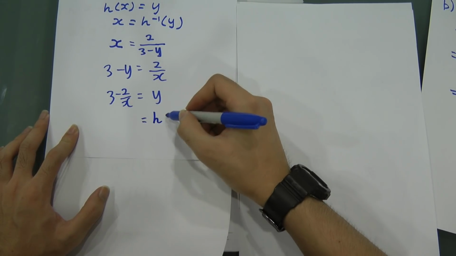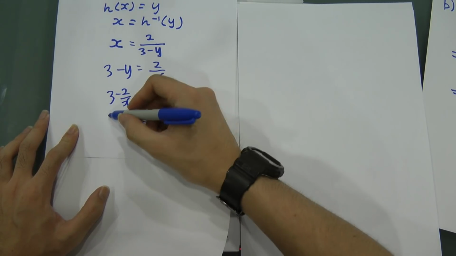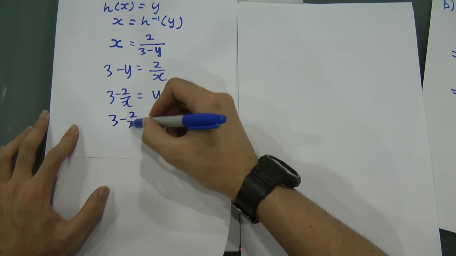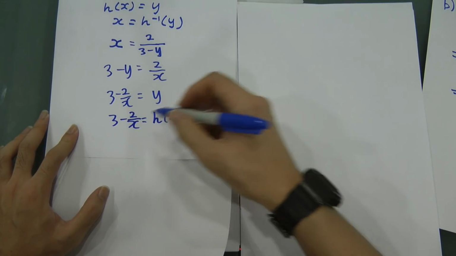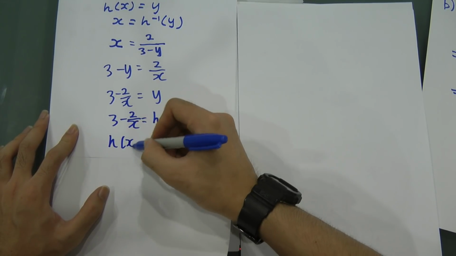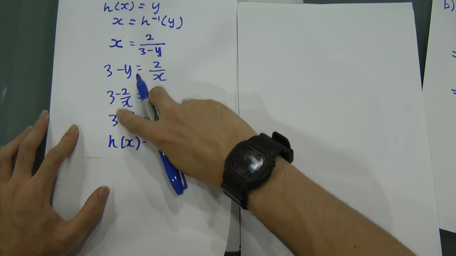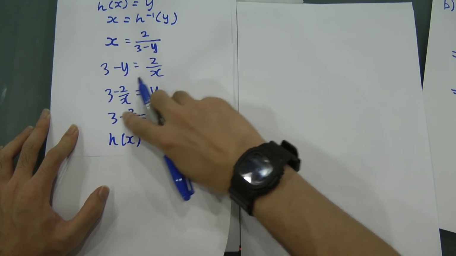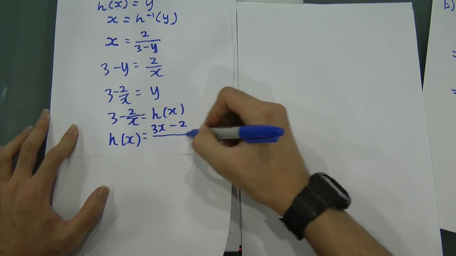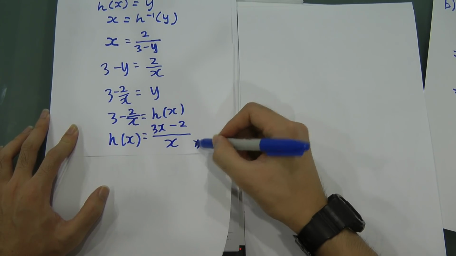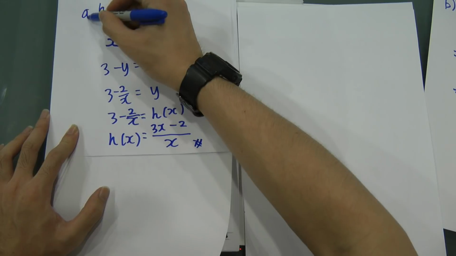So h(x) will equal to 3 minus 2 over x. Okay, so I write better, h(x) will equal to, I multiple x for this one in order to make the denominator become same. So this one we call (3x minus 2) divided by x. So this is answer for part A.